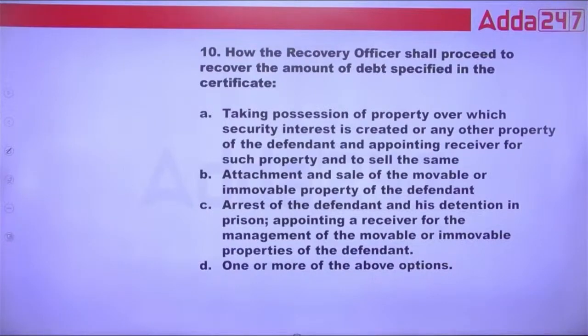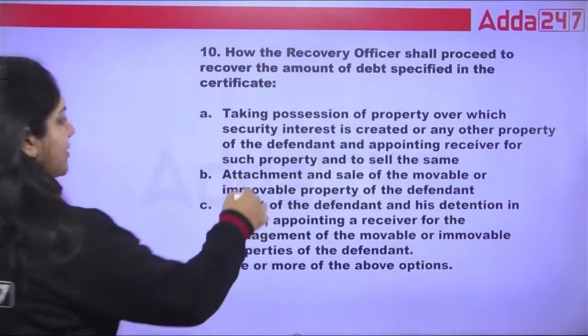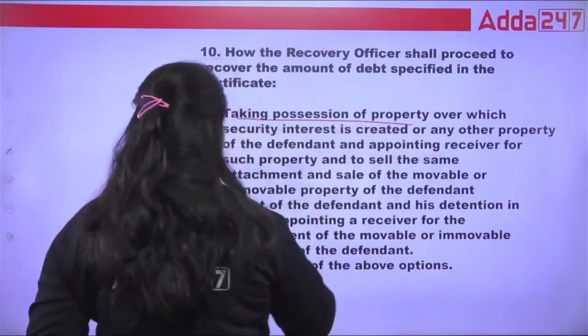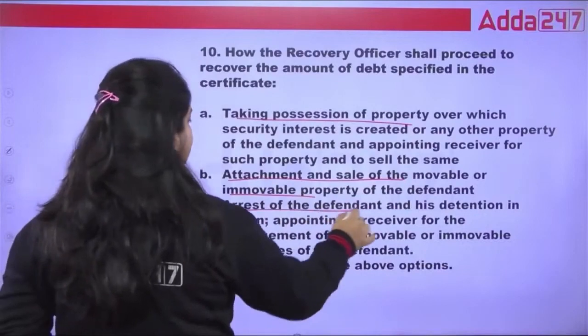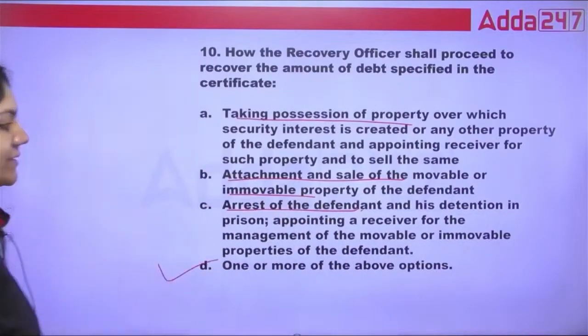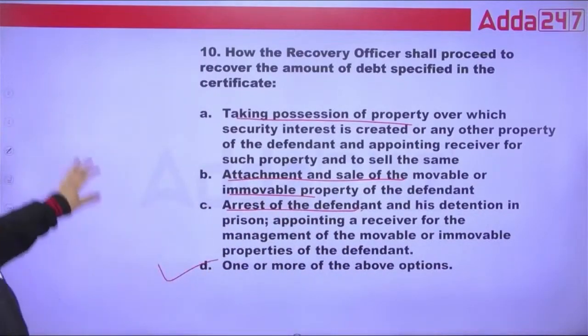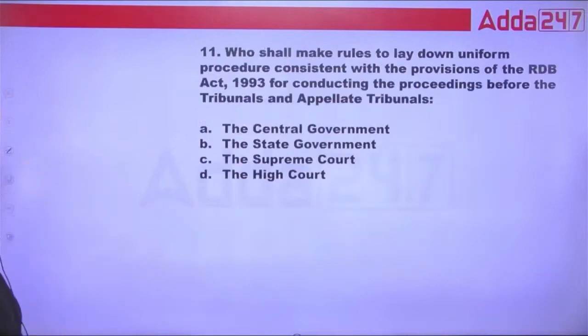The right answer is taking possession of property, attachment and sale of movable and immovable property, arrest, and so on. D is the right answer. Okay. Who shall make rules to lay down the uniform procedure, consistent with the provisions of this Act, for conducting proceedings before the tribunal and appellate tribunal?